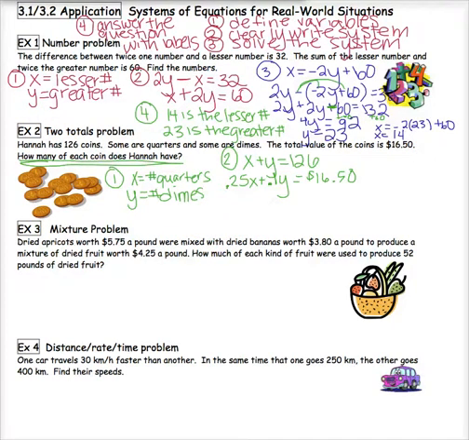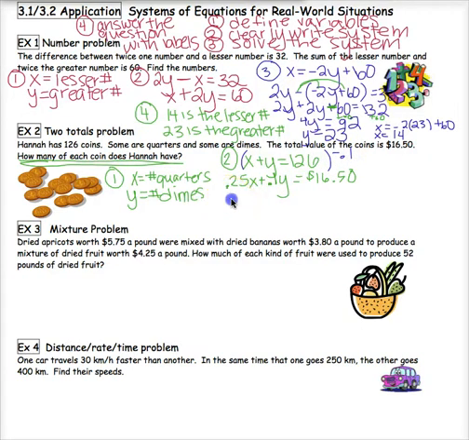So again, you can use whichever method you want to solve these. If you prefer the elimination method, you can use that. If you prefer substitution, you can use that. Since I did substitution on the last one, I'm going to do linear combinations here. So I'm going to try to cancel my y's out by multiplying my top equation by negative 0.1.